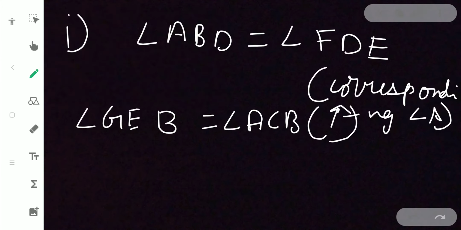Now we have to prove another side, whatever it is, in order to fulfil the congruency. Let us see what we have. We have BD is equal to CE.